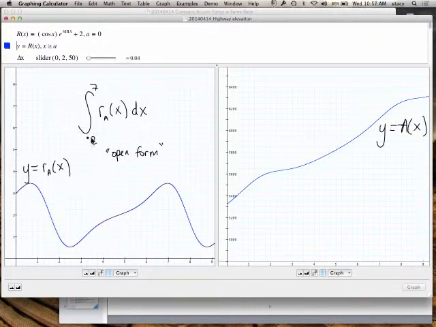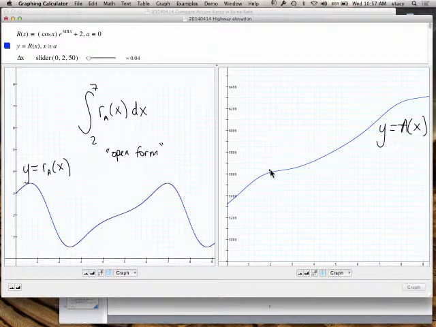When you look at this expression, you see what I just said out loud. We're adding up, with this German S for summation, from 2 to 7, the rates times a little bit of change in x, representing little bits of change in accumulation, and we're adding them all up.